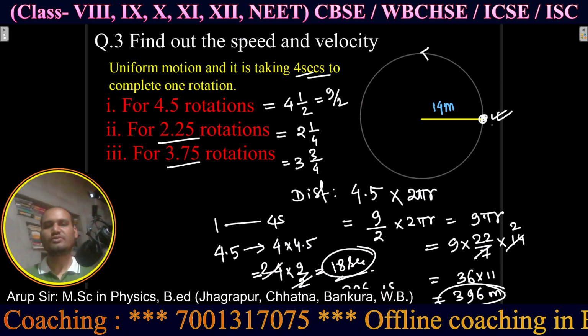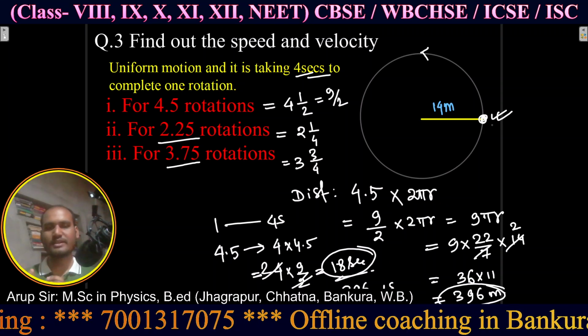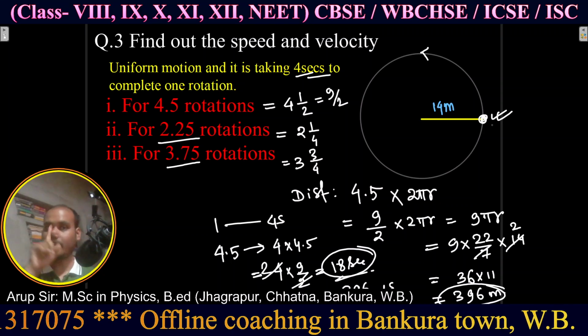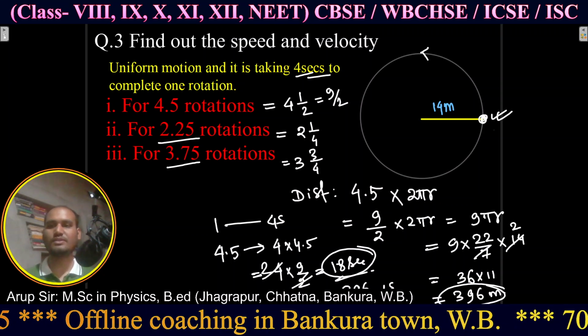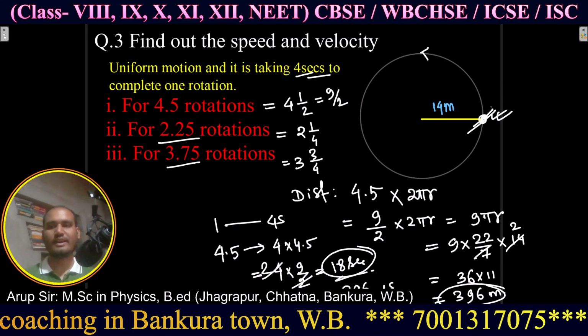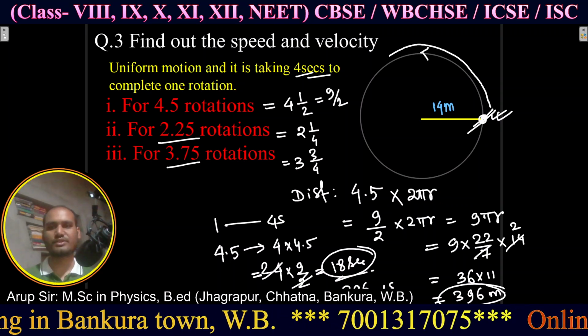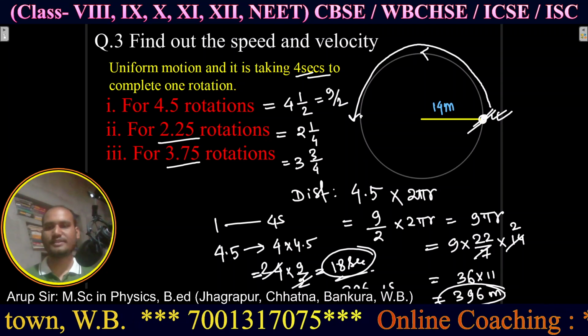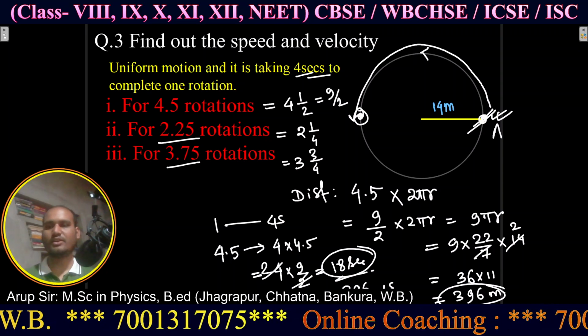Now displacement is coming from the remaining 0.5. 0.5 rotation means what? After completing 4 rotations it is at this point, and 0.5 means half rotation, so this point. Basically it is coming to the diametrically opposite point.